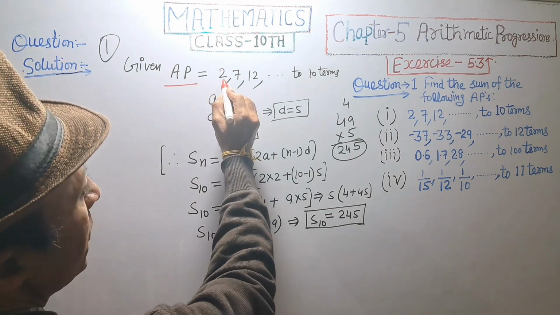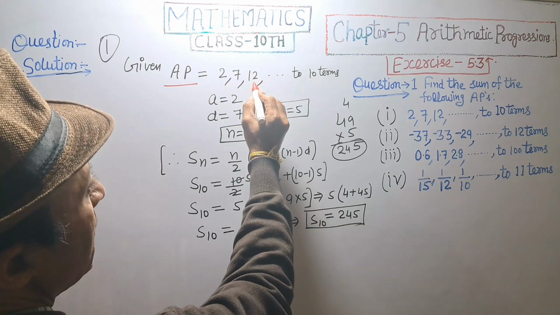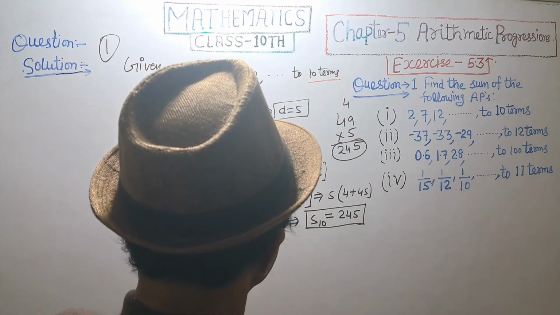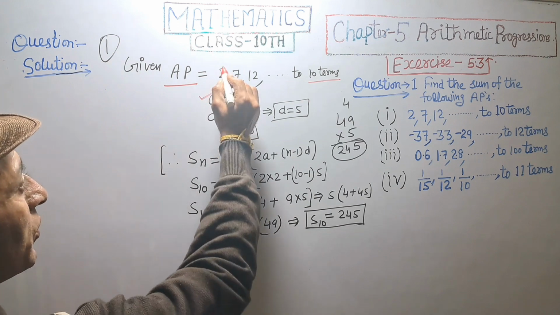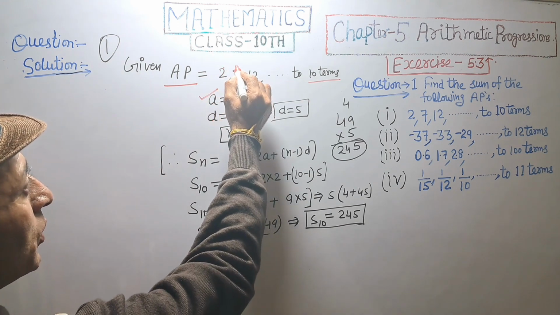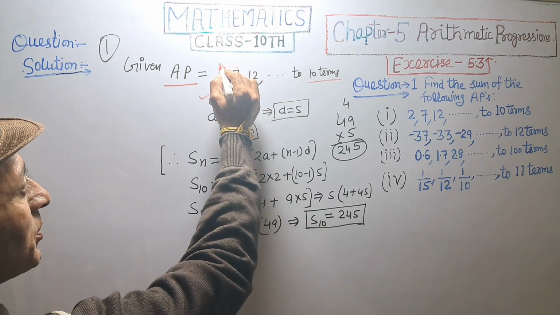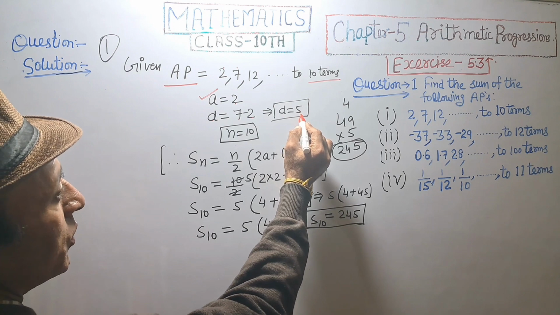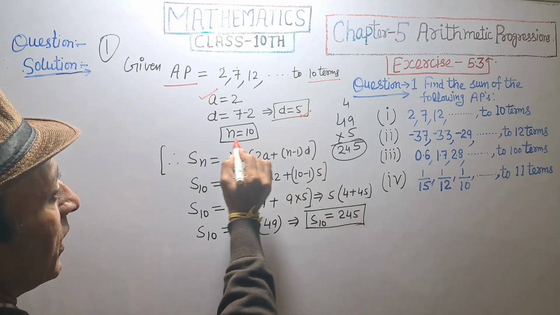Given AP is 2, 7, 12, so on up to 10 terms. A is the first term, that is 2, and common difference is equal to second term minus first term, that is 7 minus 2 is equal to 5.